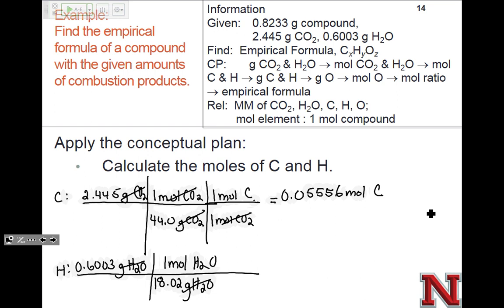Now that we have our moles of H2O, we know that for every 1 mole of H2O, we have 2 moles of hydrogen. This is a really important step. Even though the carbon conversion is 1-to-1, so it wouldn't have changed that number if you forgot to do it, if you forgot to do it here, your answer would be wrong.